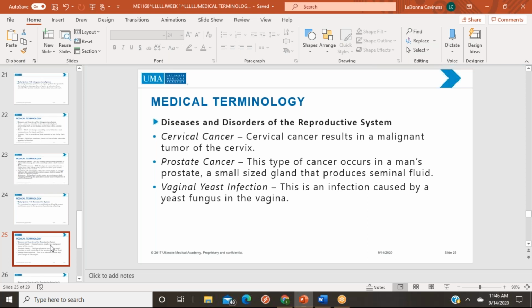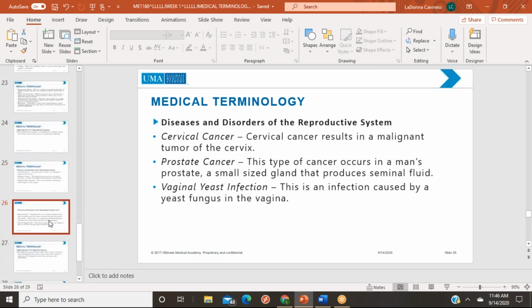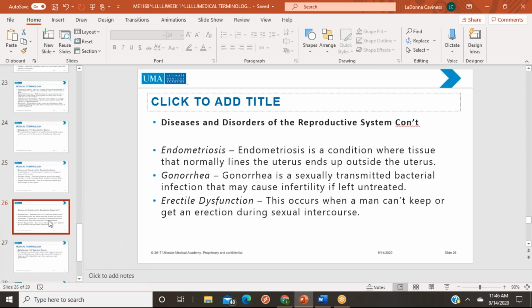And then let's talk about vaginal yeast infection. It's merely an infection caused by yeast or fungus in the vagina. All right, diseases of the reproductive system continue. Here's another one, endometriosis. It's a condition where tissue that normally lines the uterus ends up outside the uterus.